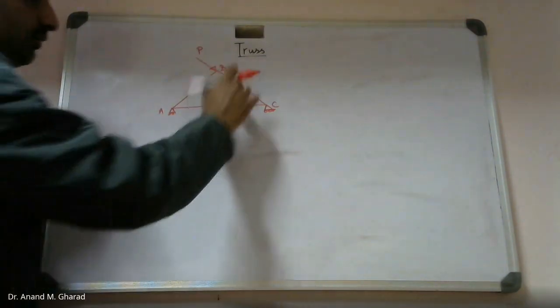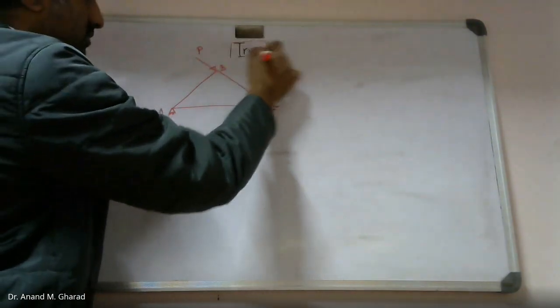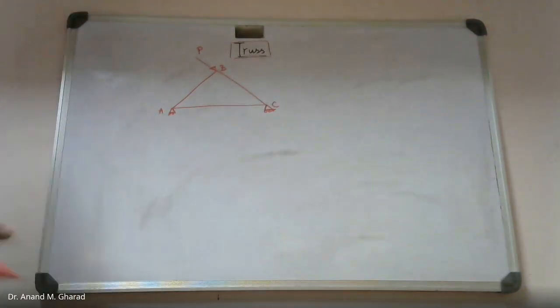So such kinds of structures which will try to resist the change in shape are known as trusses. Okay. So as far as a truss is concerned, in order to make the structure rigid, the members of these trusses should be joined together in such a way that it will prevent any kind of movement between them.